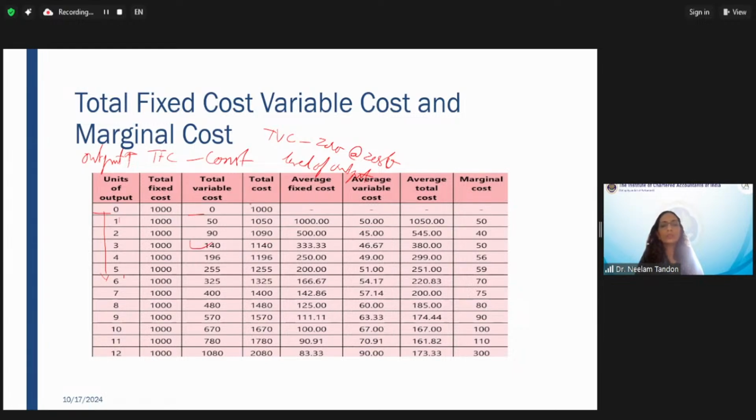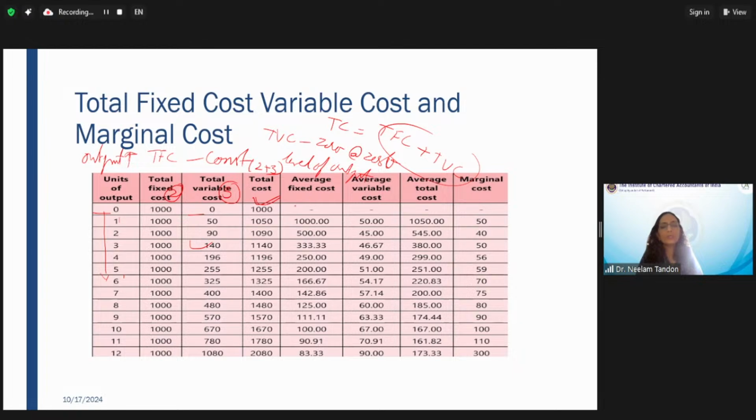Okay. Total cost. What is total cost? Total cost is the sum of total fixed cost and total variable cost. You sum up these two, column 2 and 3, and you will get total cost.